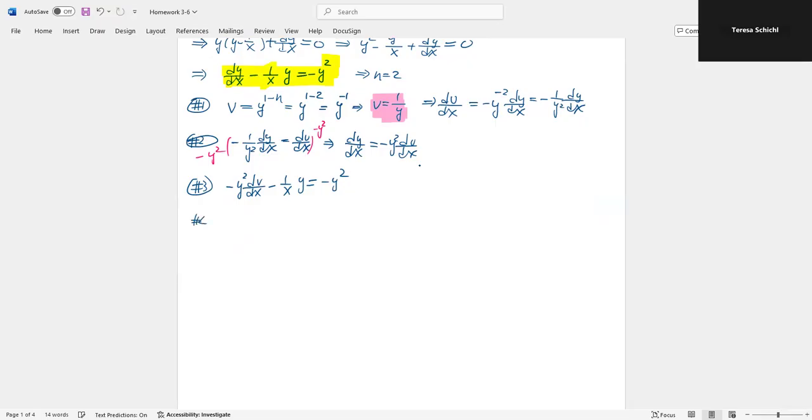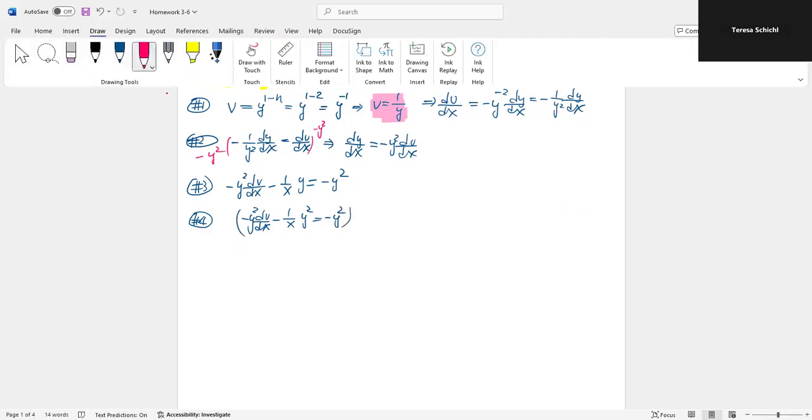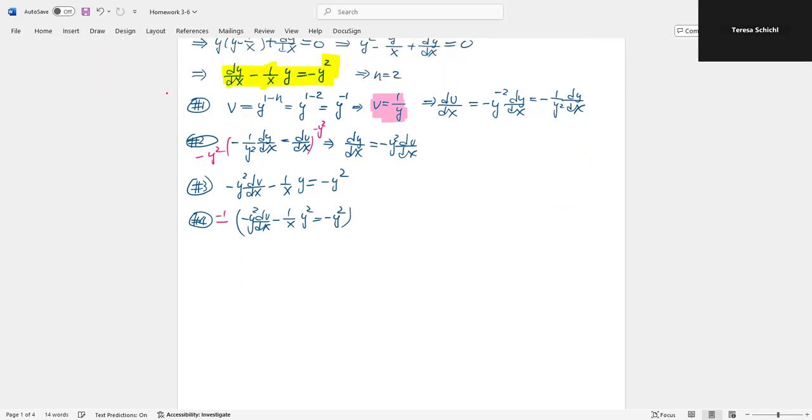Step number 4: here we have negative y squared dv/dx minus 1 over x times y equal to negative y squared. What I need to do is multiply by negative 1 over y squared, both the right-hand side and the left-hand side.